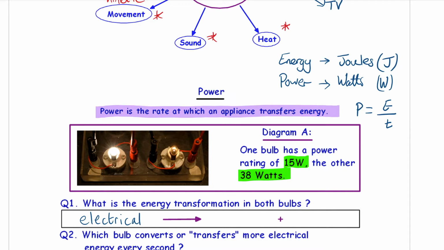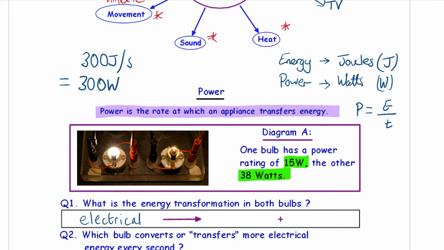So, if a TV was using 300 joules every second, which we write down like that, we simply say the power of the TV is 300 watts. If you understand that, that's the main concept of this lesson already understood, and well done.